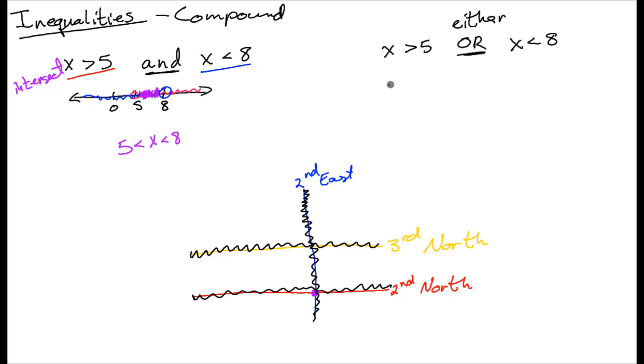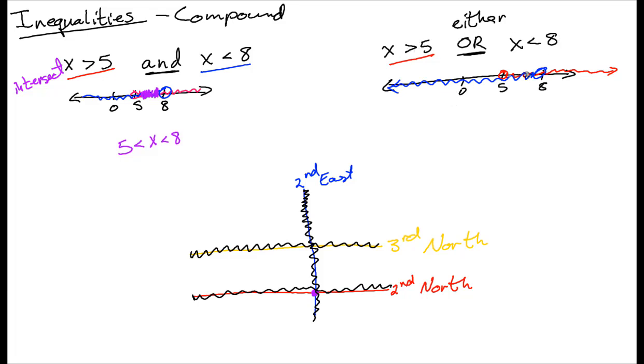Let's see what that looks like on a number line. So even if we did this, 0, 5, 8, same exact setup, let's look and see what "or" does. Here's the red, and the red goes up clear to infinity. The blue comes right down here. Now notice with the "or" statement, give me numbers that are either bigger than 5 or less than 8.